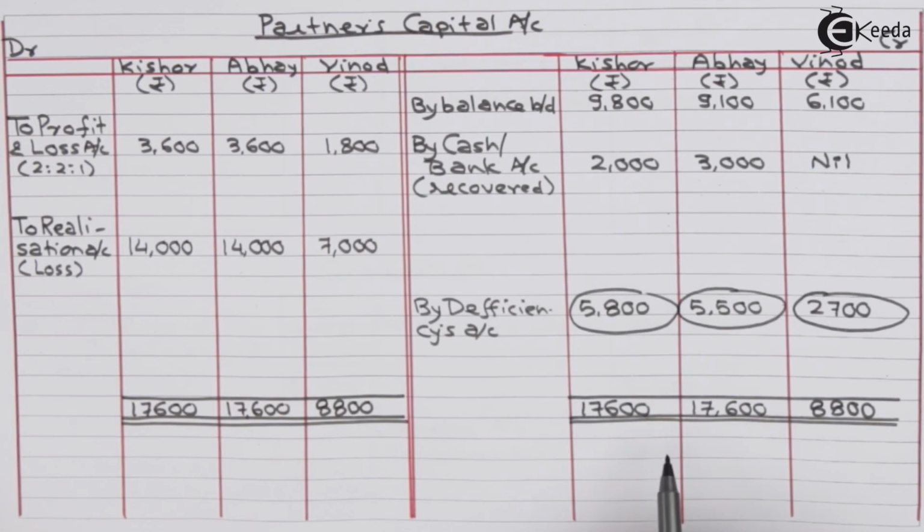Partners' capital accounts are closed. Kishore, Abhay, Vinod. Debit is heavier, therefore we are getting balancing figure on credit side.